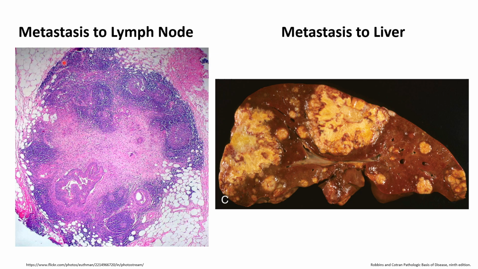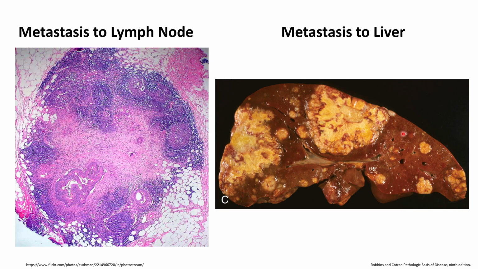In the picture on the left, we see a lymph node, and this lymph node is involved by metastatic adenocarcinoma, where we can see these malignant glands present within the lymph node, so the carcinoma has metastasized to the lymph node. In the picture on the right, we can see a section from a liver.